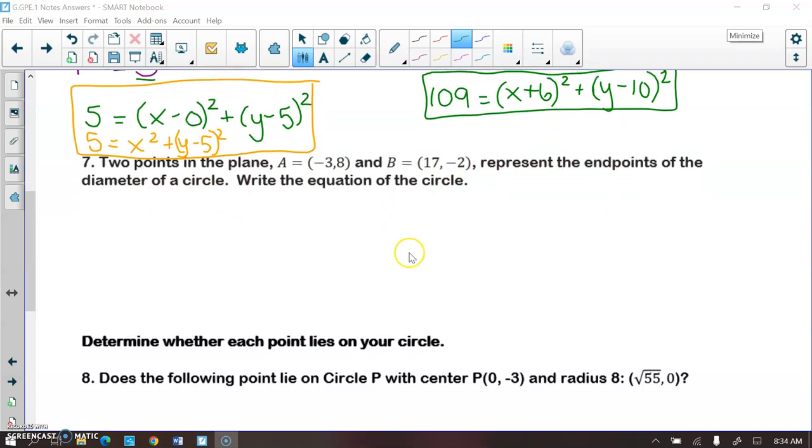So what we're going to need to do to find the center of our circle is find the midpoint. So for the center, we're going to use the midpoint formula, which is x plus x divided by 2, and y plus y divided by 2.